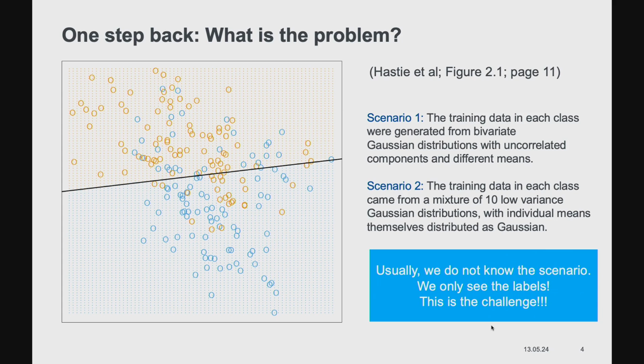So we have basically the yellow points. They came from a normal distribution with a mean of some mu1 and mu2, and some covariance matrix.